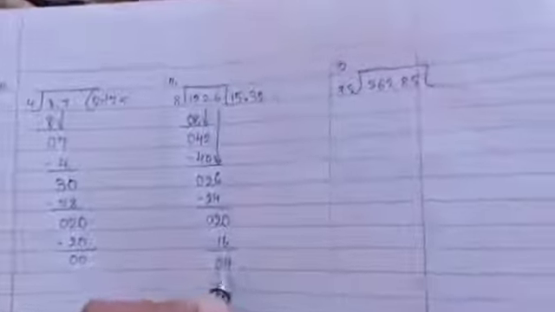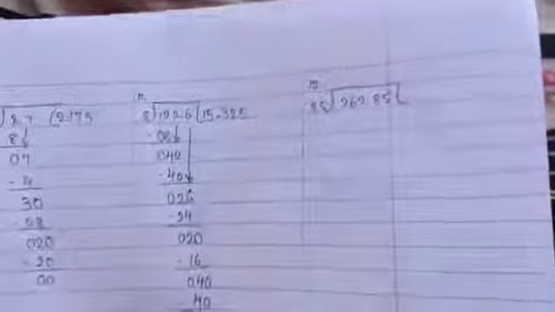So we will take 16. 8 2s are 16. Now 4 is left. One more 0 I will put, and 8 5s are 40. So here 0, 0. Okay. Now what is my answer? So my answer is 15.325. Okay. This way we have to solve the sums.